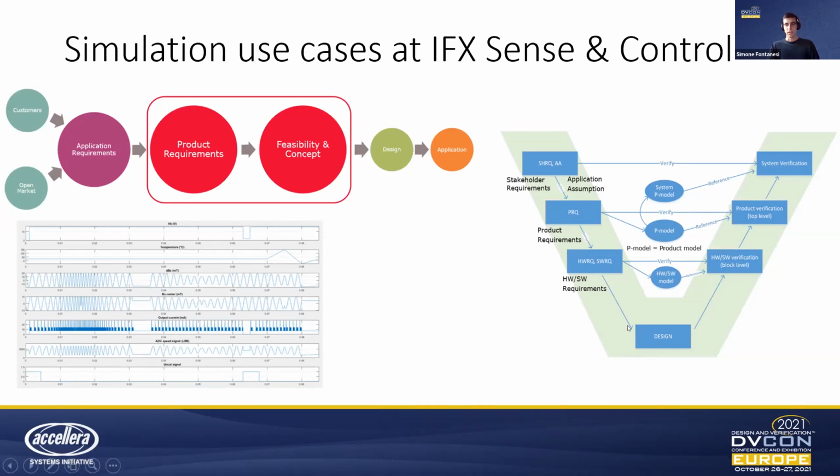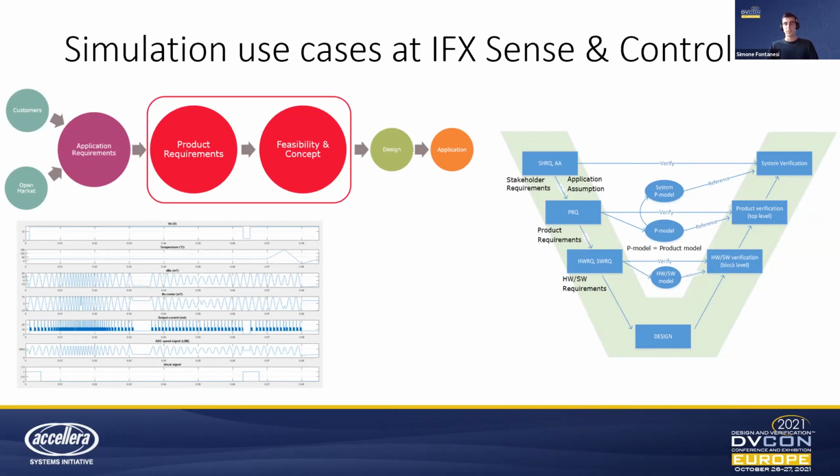Along the development process, we use virtual prototyping, so model of our product and the model of our system, in order to assess the feasibility of these requirements, and in order to build the proper architecture that fulfills this requirement.